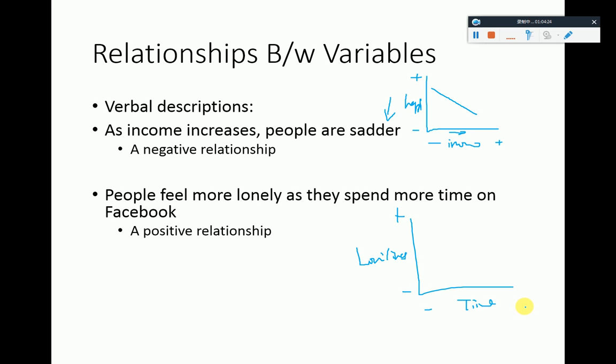No time spent on Facebook, lots of time spent on Facebook. So I switch the place of these two variables, but they're the same, right? Whether I place time here or here doesn't matter. People will feel more lonely as they spend more time on Facebook. It's a line like this. So it's a positive correlation.